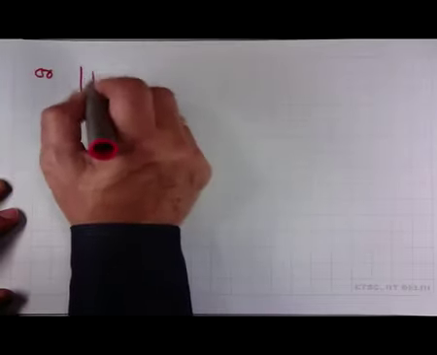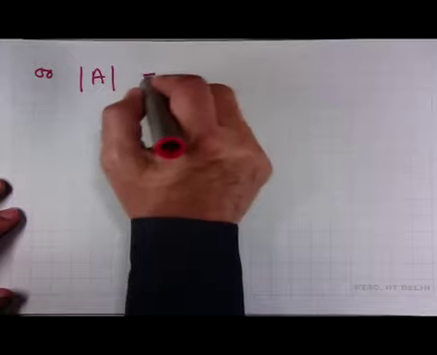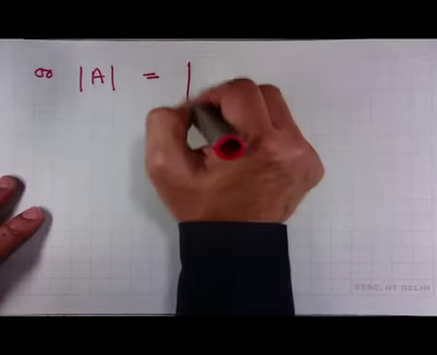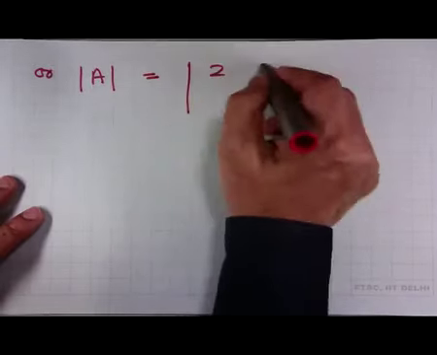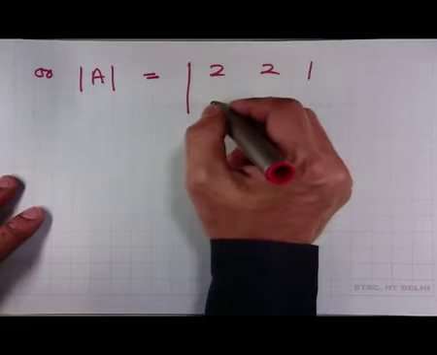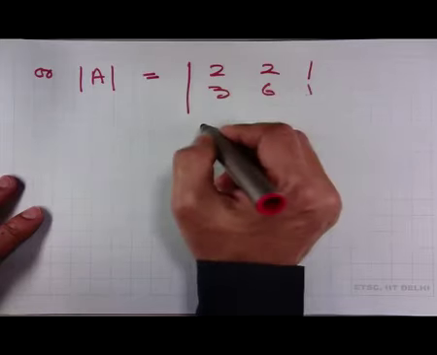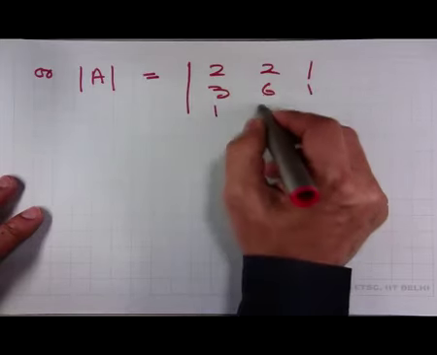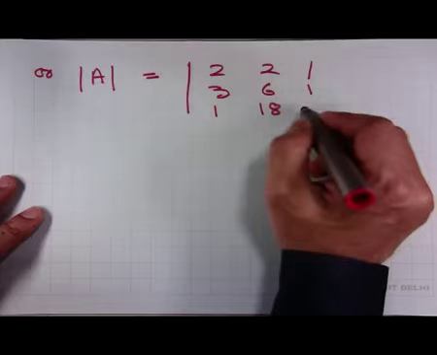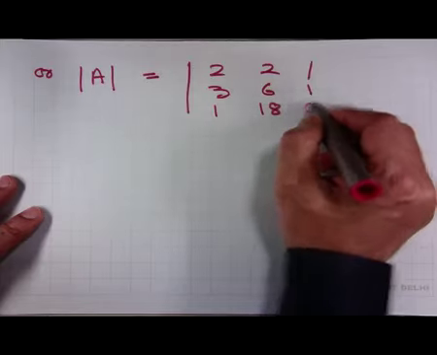Or determinant of A is equal to 2, 2, 1; 3, 6, 1; 1, 18, 0.